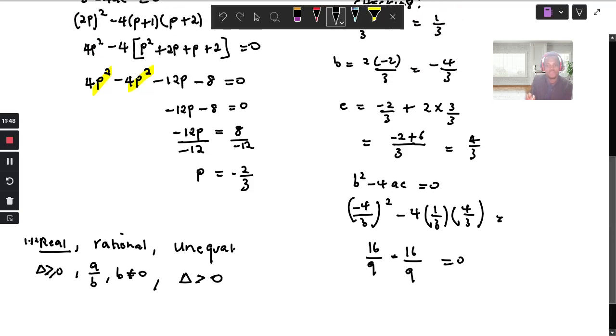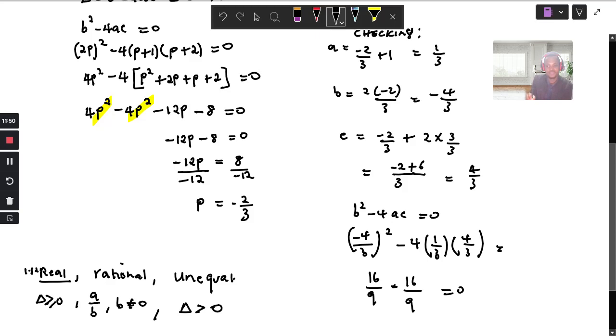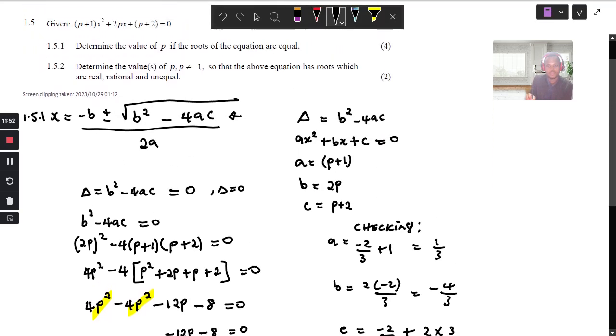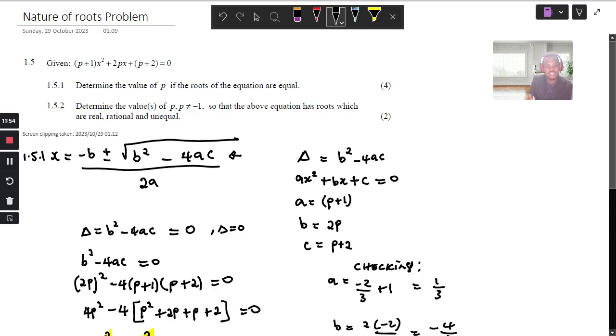Okay. So here, you have to determine the values of p, provided p should be different from 0, so that the above equation has roots which are real, which are rational, and which are also unequal. Okay.